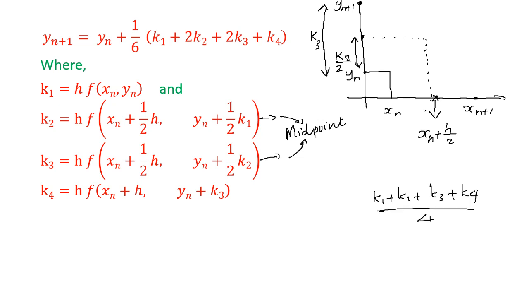Many different possibilities are there, but a commonly used approximation is this: we use weighting as k1, 2k2, 2k3 and k4, then the average value is divided by 6. So our yn plus 1 can be obtained as yn plus k1 plus 2k2 plus 2k3 plus k4 by 6.